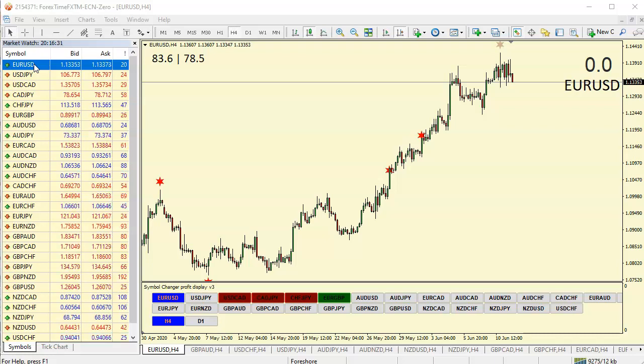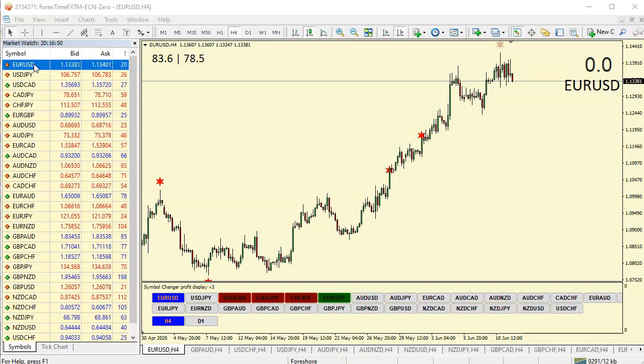Now every time you want to buy, the broker will give you the higher price, which is the ask price. And then every time you want to sell back what you bought, the broker will buy from you at a lower price, which is the bid price.